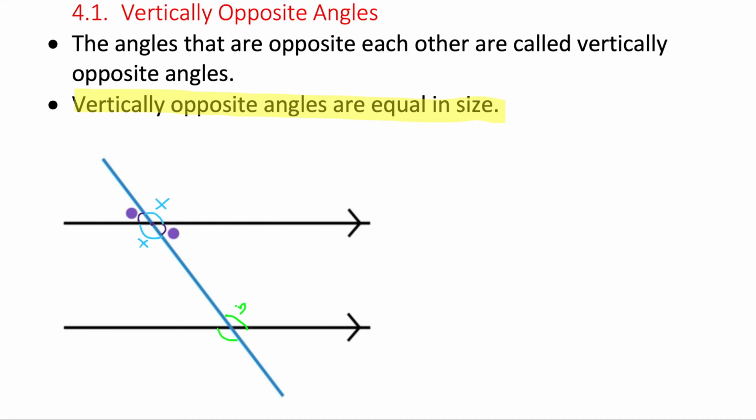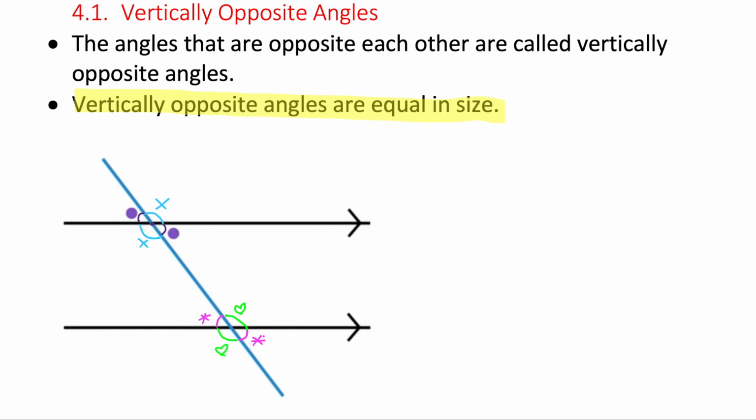Let's call this one a heart and this one a heart. And these two vertically opposite angles are also going to measure the same. And if I use another color, this one and this one, and I'm going to use an asterisk here, are also vertically opposite, therefore they're going to measure the same.